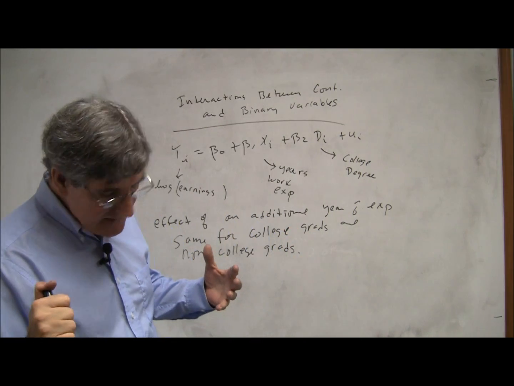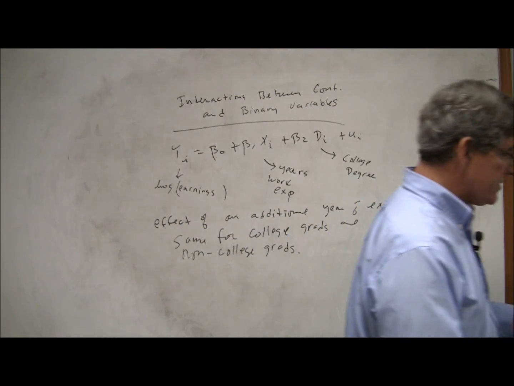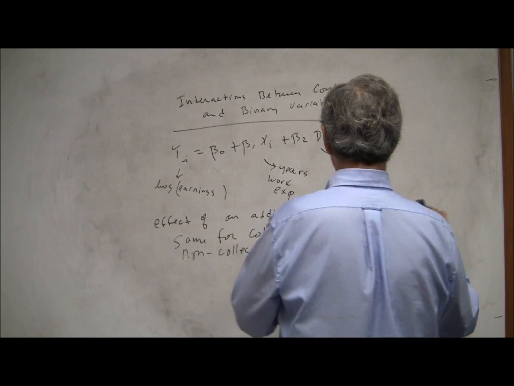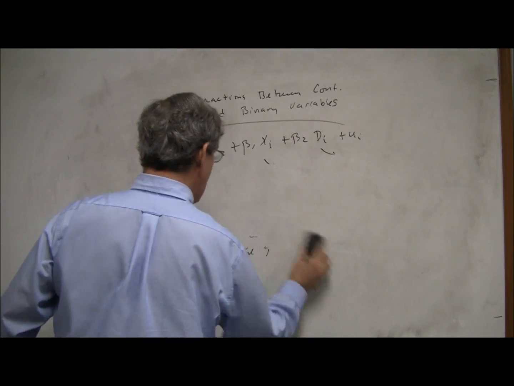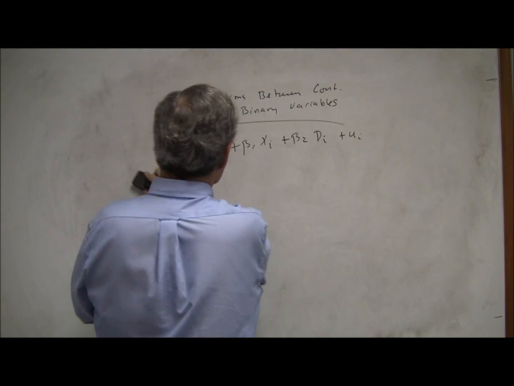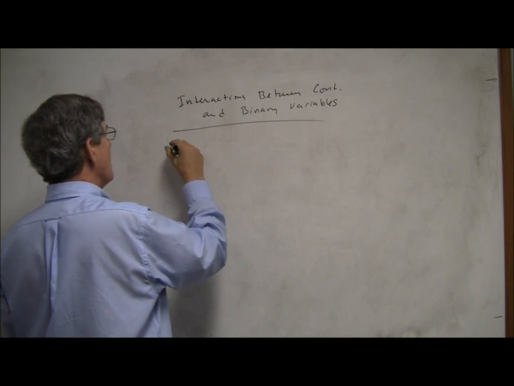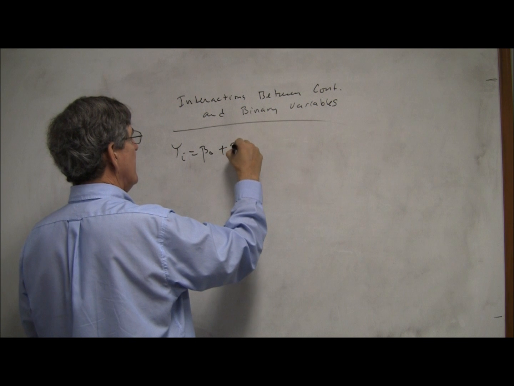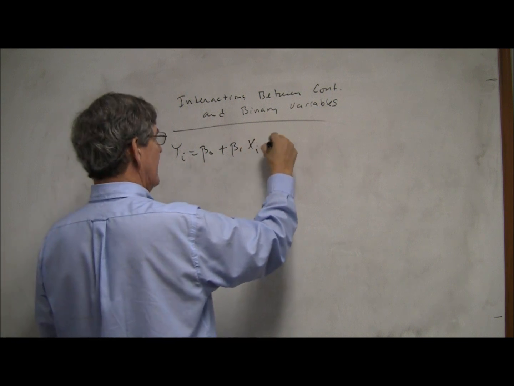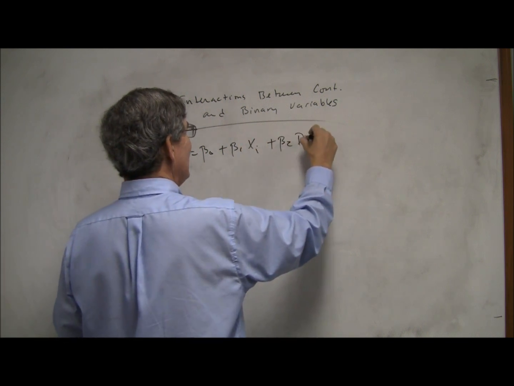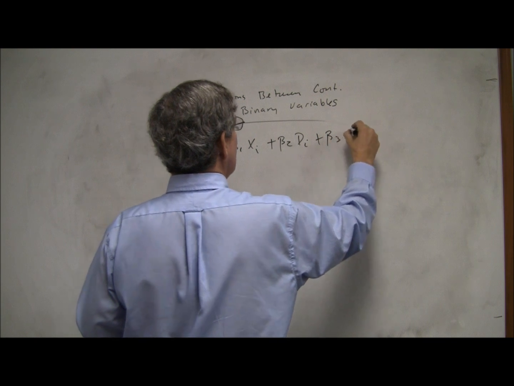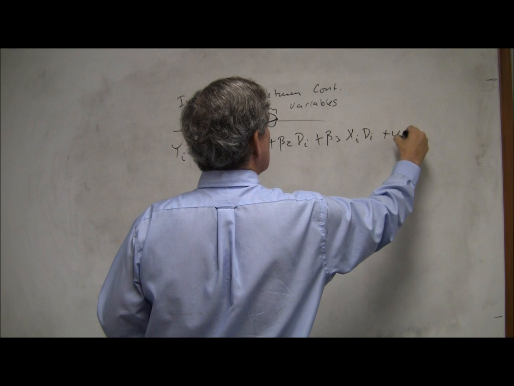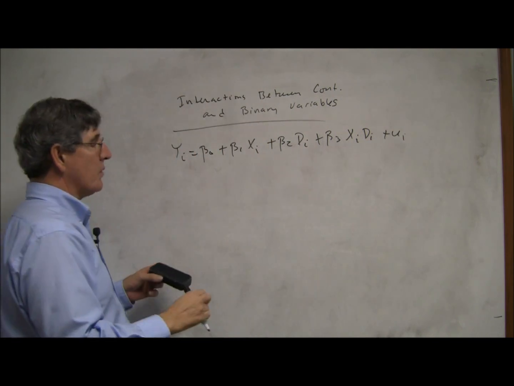In that case, we want to add an interaction term. So let's allow for this. And to allow for it, what we need to do is change the model to have an interaction term. So we'll write the model as yi is beta 0 plus beta 1 xi plus beta 2 di plus beta 3 xi di plus ui. So that we have an interaction, a product term here.